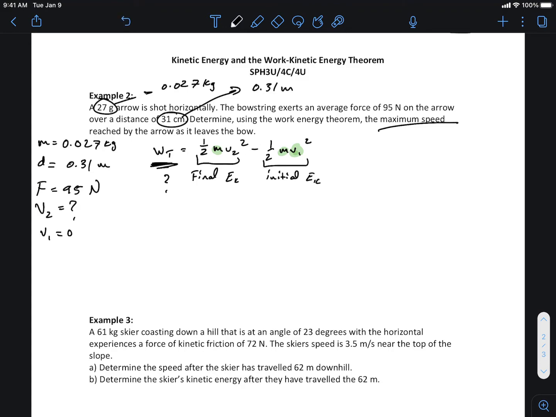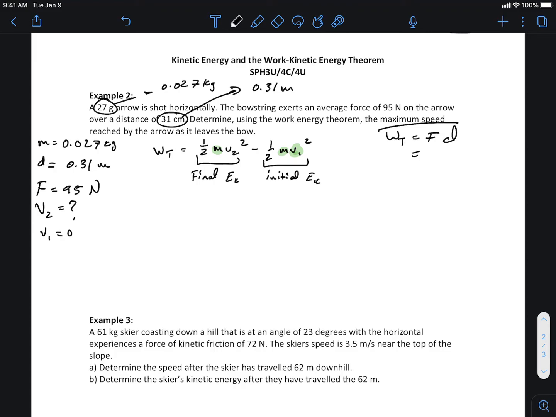Well, we have a way to find out what the total work was. We said the total work done was the force times the displacement, right? And so we know the total work here, because there's only one force acting on it in the x direction, it's the bow. We know it's equal to force times the displacement, or distance that the force was applied over.